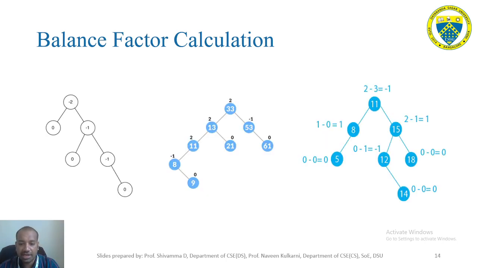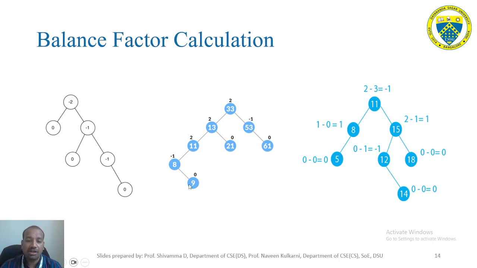This is once again an illustration of a balance factor calculation. As I said already, the balance factor of a leaf node is always 0. If you take node 8, the left subtree is 0 minus the right subtree is 1. 0 minus 1, the balance factor is -1.